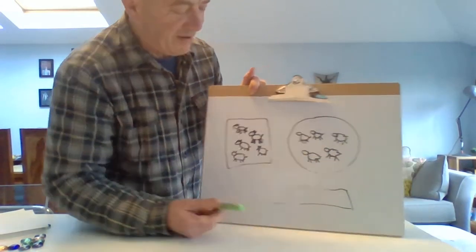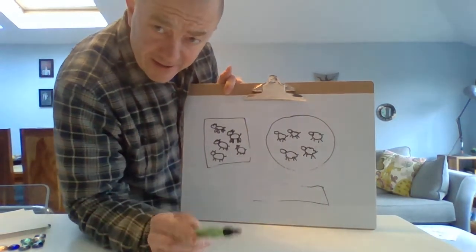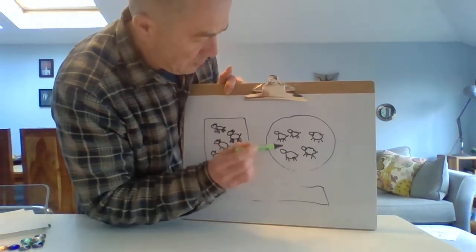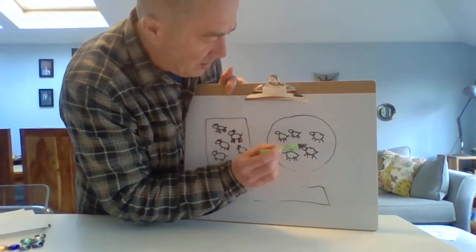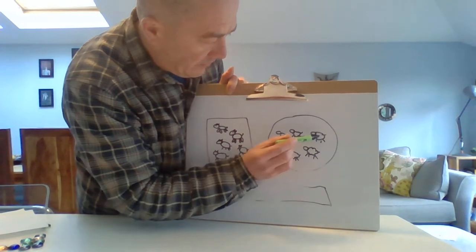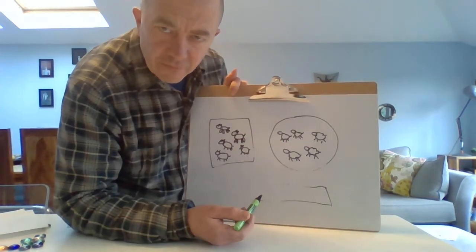I think that's 5. Let's have a go. Let's count them all together now, shall we? Are you ready with your counting? 1, 2, 3, 4, 5. How many are there in this field? That's right, 5.